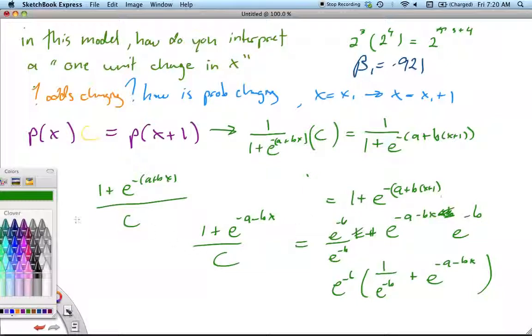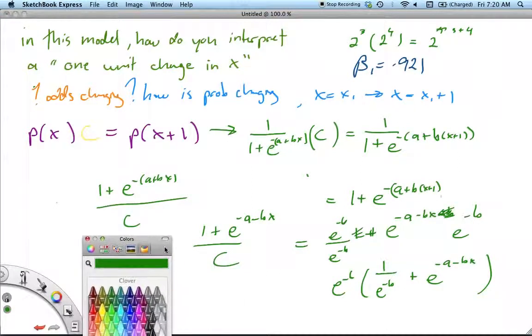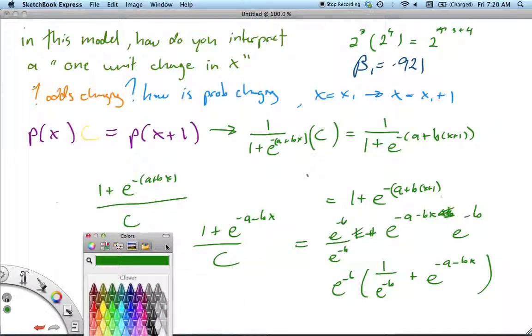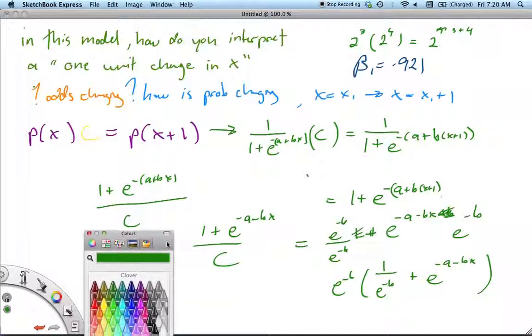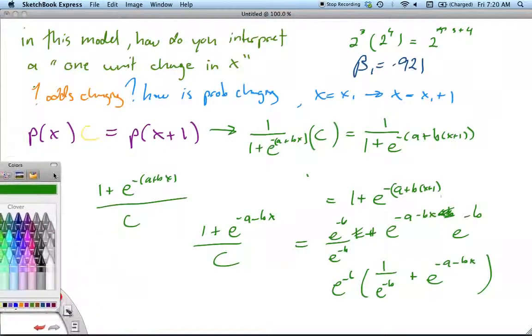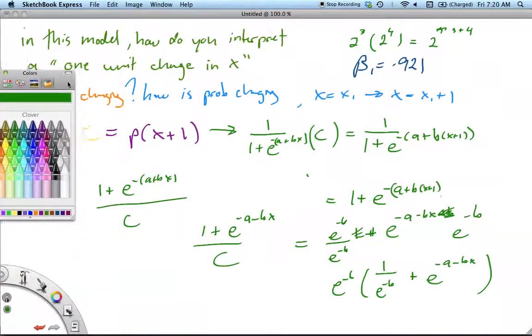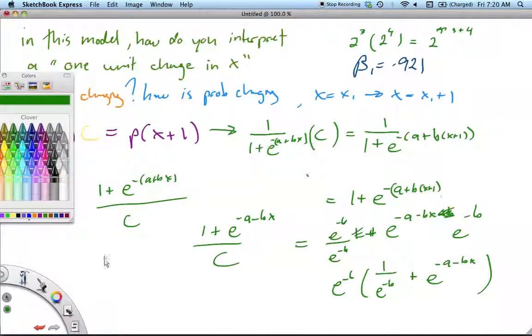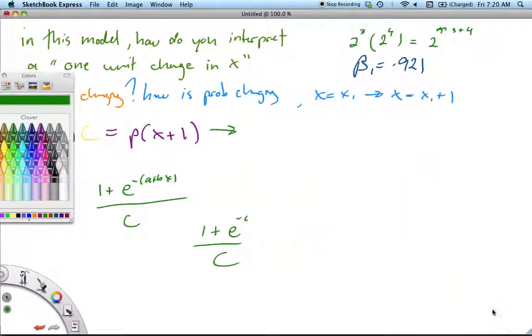I don't know how to reconcile this. You know what, the only thing I can think to do is to start again and try again. Talk it through, figure this thing out.